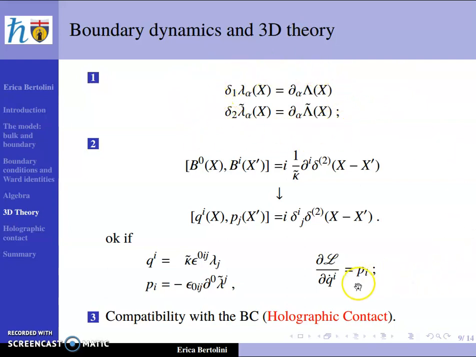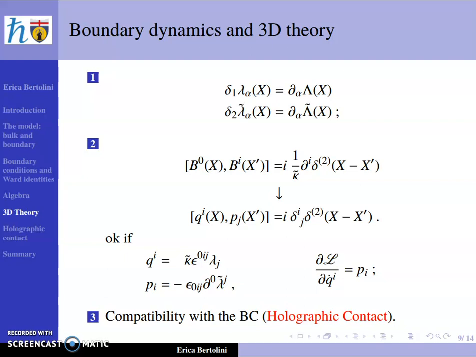Second, its Lagrangian must respect this relation, which is given by the identification of the canonical variable we found from the Kac-Moody algebra. Last but not least, the equation of motion of the three-dimensional action must be compatible with the boundary conditions we found from the bulk theory, so we can realize the so-called holographic contact.